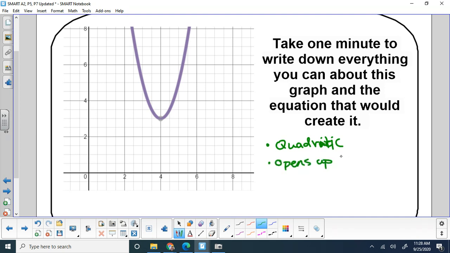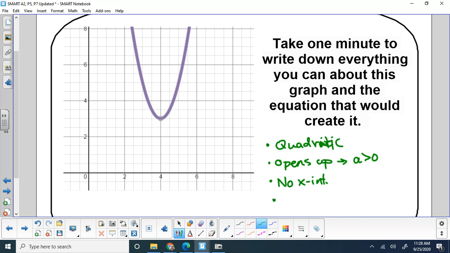They also tell me that because it opens up, the a value or the coefficient in front of the x squared is going to be greater than 0. So therefore, it's going to be positive. They tell me that there are no x-intercepts.